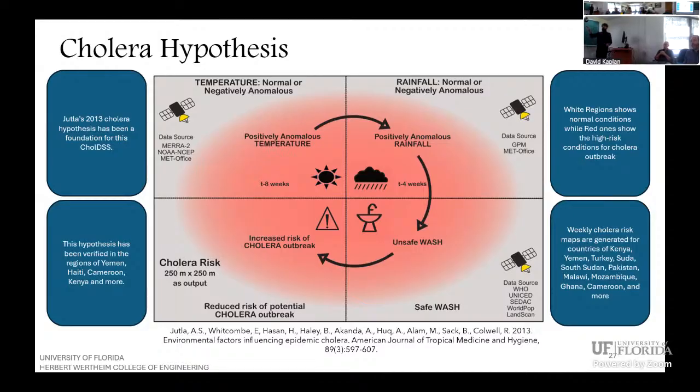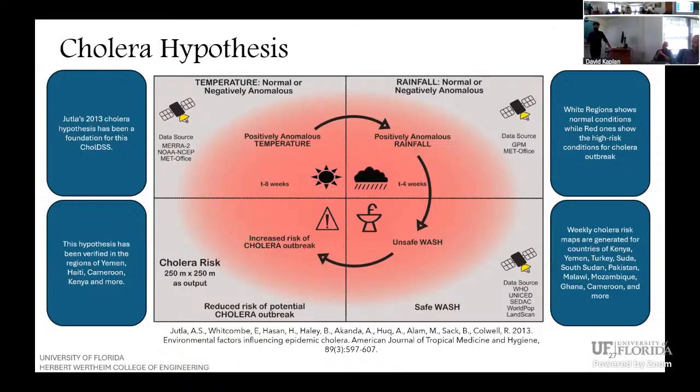If we just look at the gray region, it shows the temperature is normal or negatively anomalous. Same goes for rainfall. And if a country has safe WASH conditions, there won't be any cholera outbreak. Now, the good thing is that obviously we cannot have control over the temperature and the rainfall as they are environmental phenomena, but we can have influence on safe WASH by improving hygienic conditions like washing hands and proper drainage.